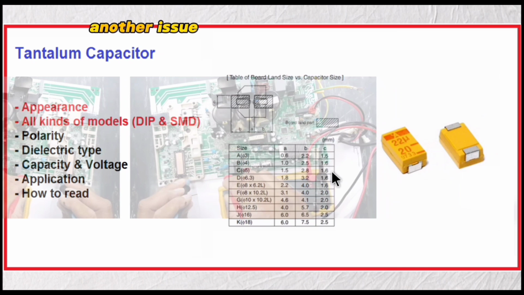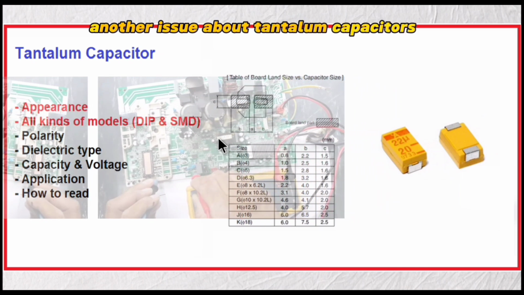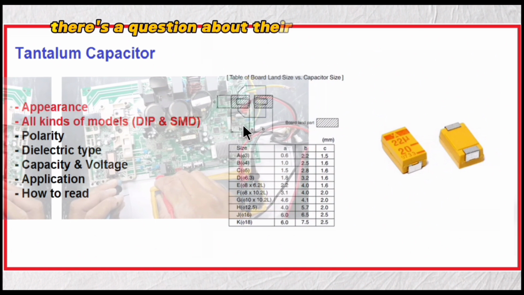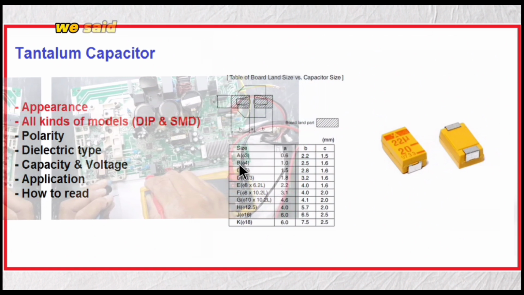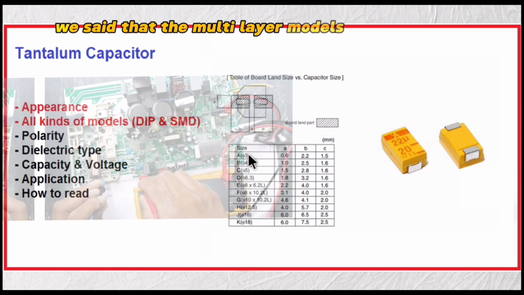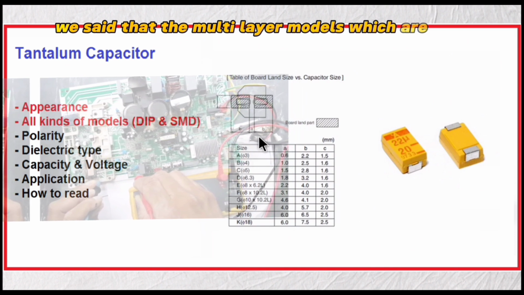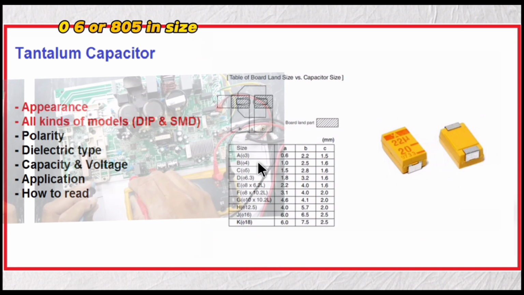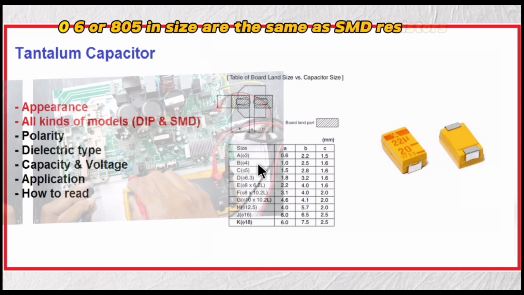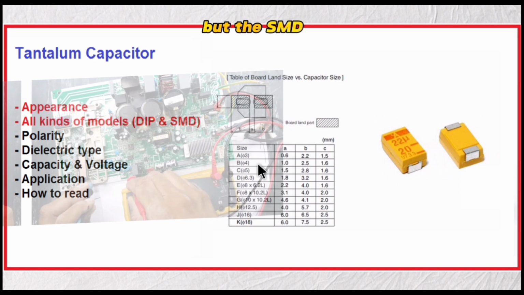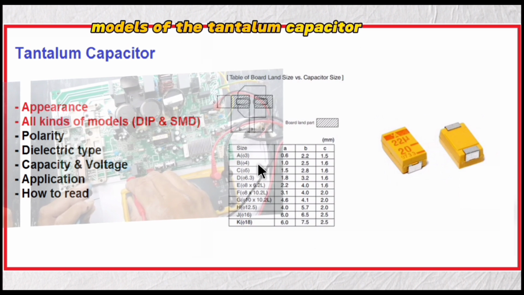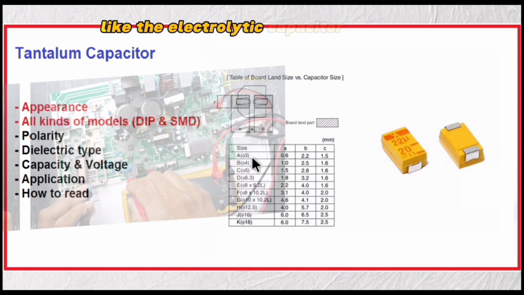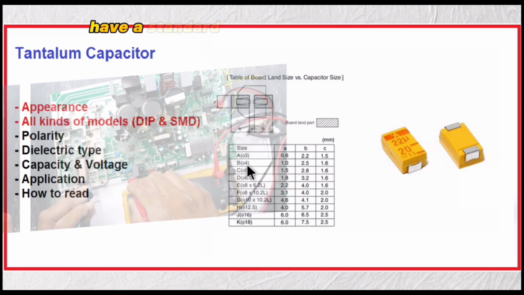Another issue about tantalum capacitors: there is a question about their size and dimensions. We said that the multi-layer models, which are 1206 or 805 in size, are the same as SMD resistors, but the SMD models of the tantalum capacitor series, like the electrolytic capacitor models, have standard sizes.